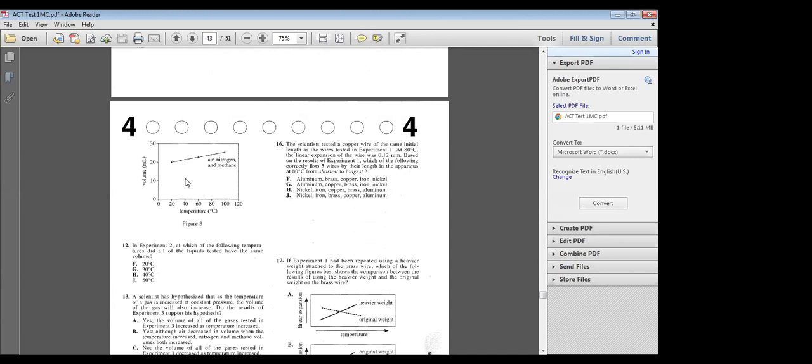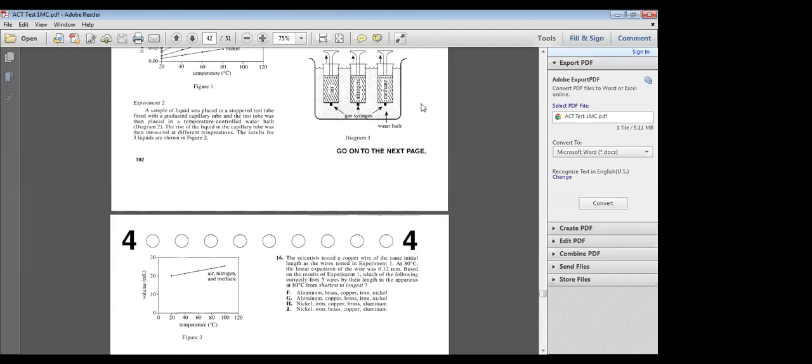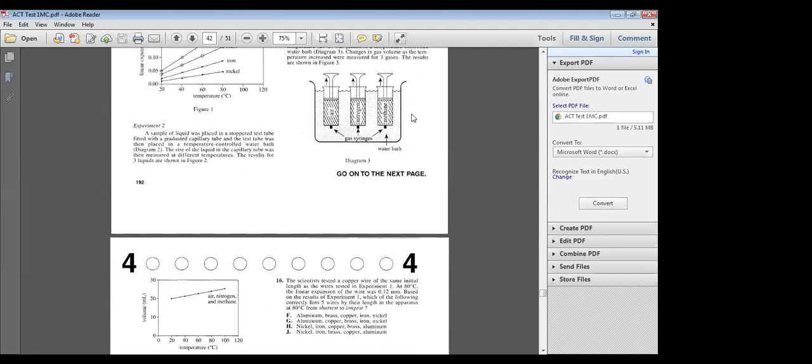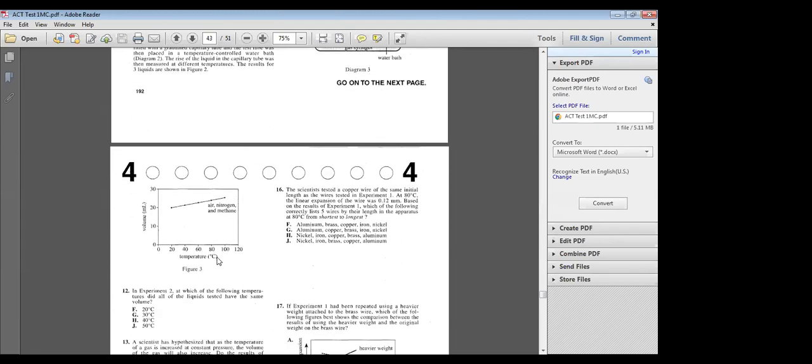If you look at figure 3 up there, you'll see that all three of them are on that line. It says air, nitrogen, and methane. So they all went up as you go across the chart. As the temperature increased, the volume of them all increased. It's not in that first little picture. The first little picture doesn't tell you anything, but that figure 3 does show you that the volume went up as the temperature went up. Does that make sense?